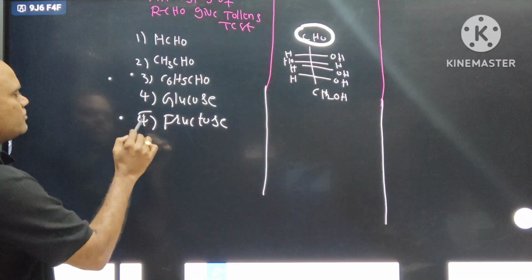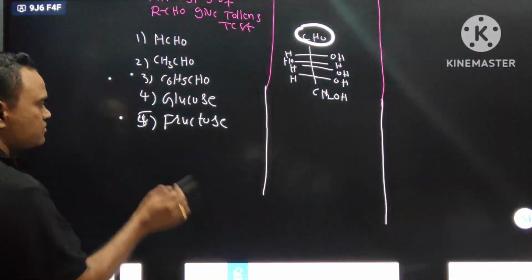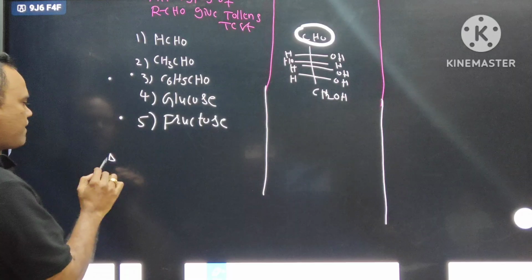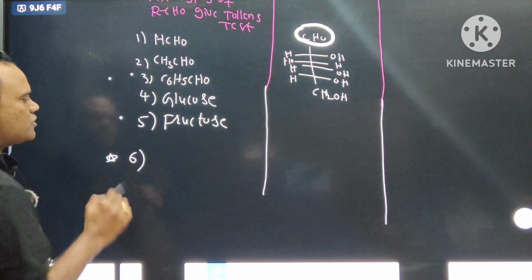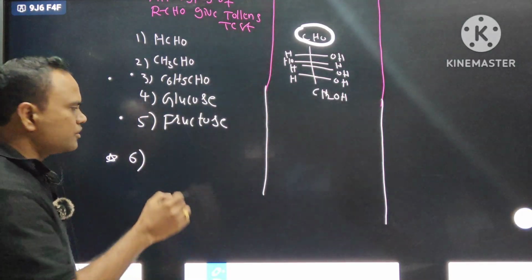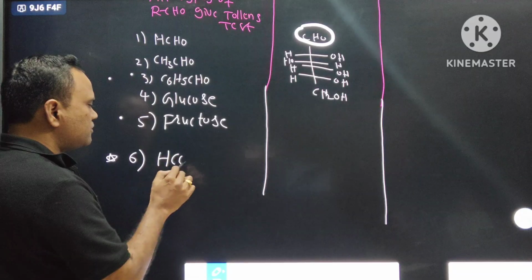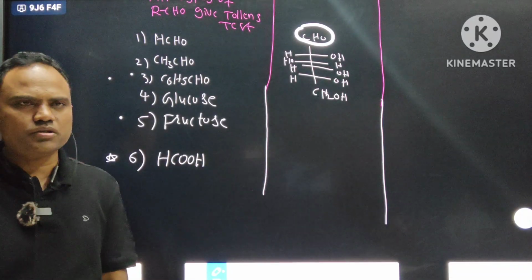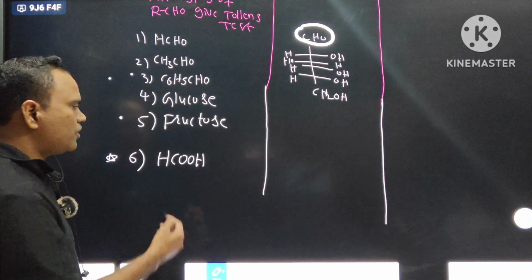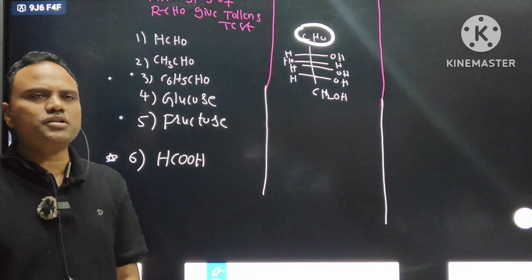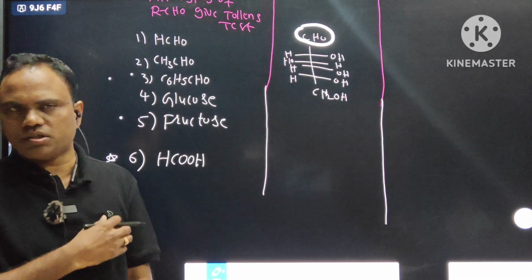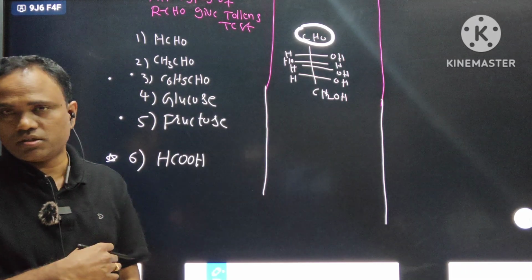Exceptional cases, number 5, sorry. Exceptional cases are important. Star marked are exceptional cases. You know formic acid? HCOOH, formic acid. Formic acid is not aldehyde, but it gives a positive test with the Tollens reagent. Why? See this.